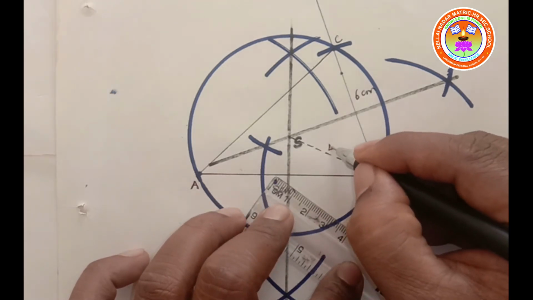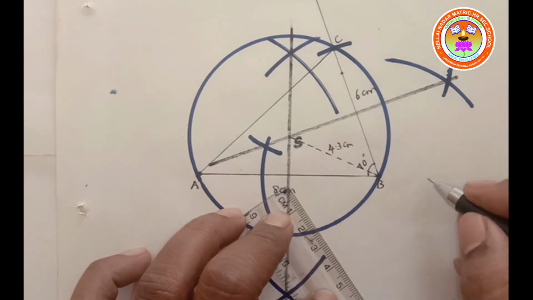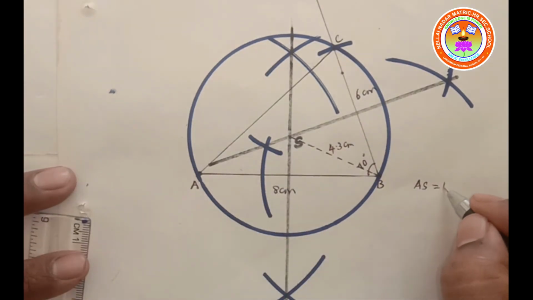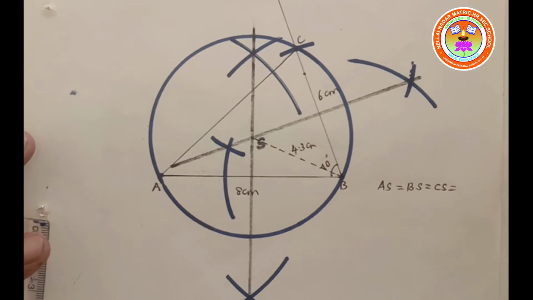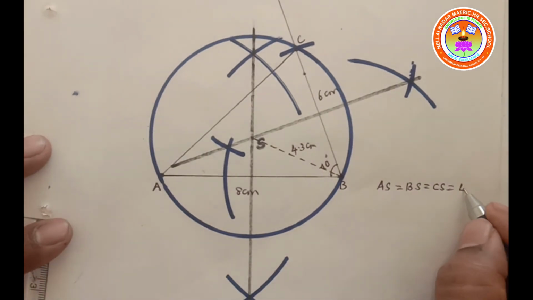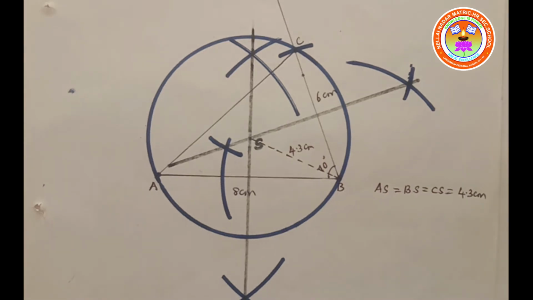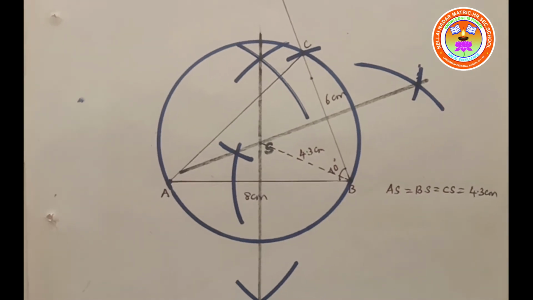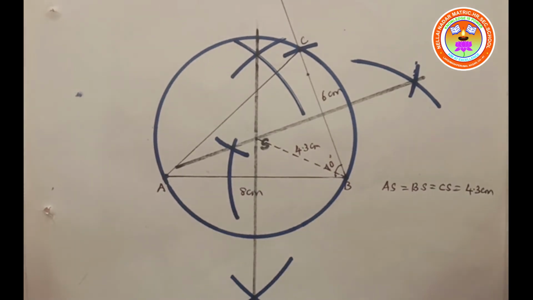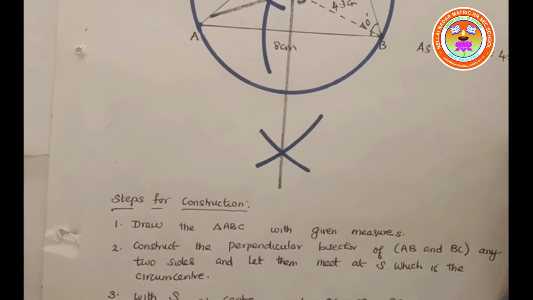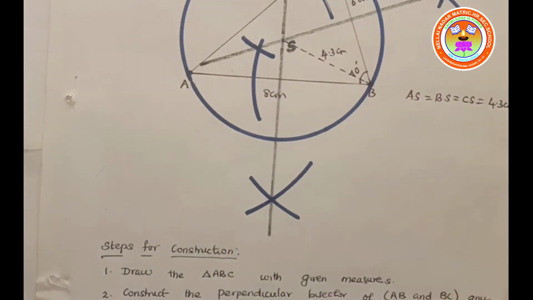That is, AS is equal to BS is equal to CS is equal to 4.3 centimeter. After drawing a fair diagram, you are going to write steps for construction. It's clear, children? Right. First step, draw a triangle ABC with given measurement.